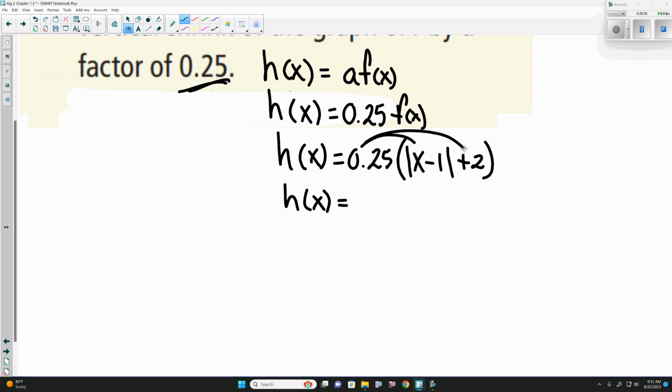So 0.25 times the absolute value is just going to be 0.25 times the absolute value of x minus 1, plus 0.25 times 2, which is 0.5.